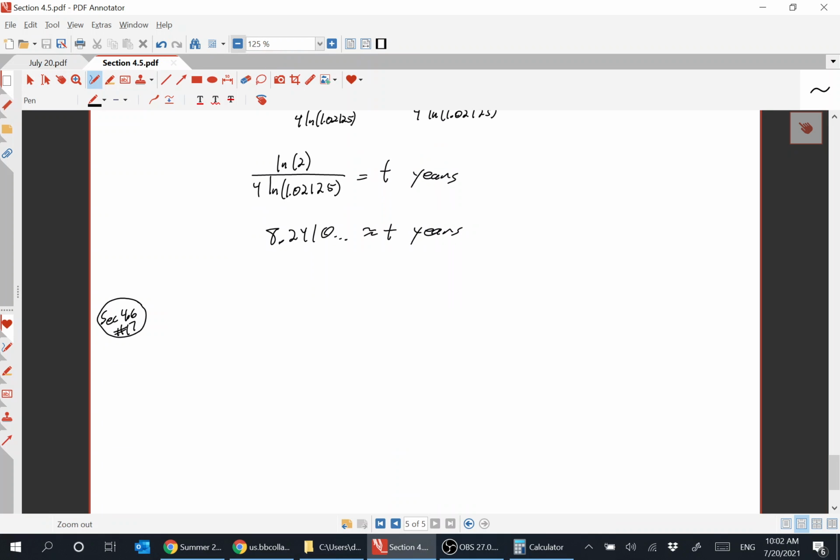So the half-life of radium-226 is 1,600 years.